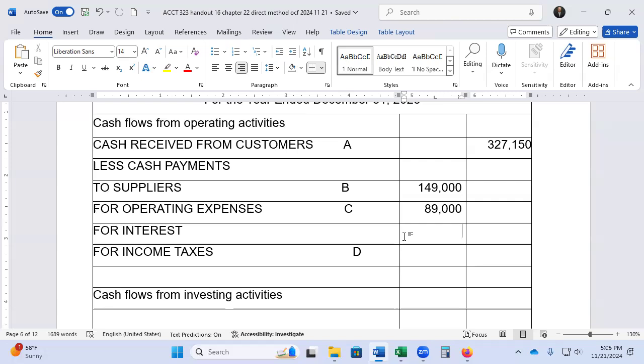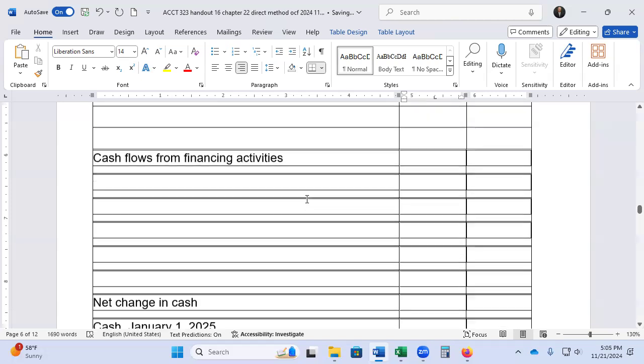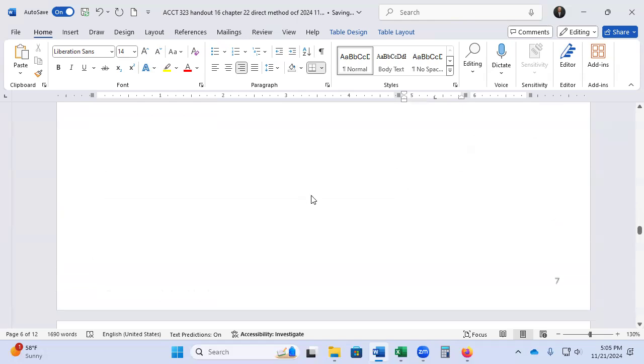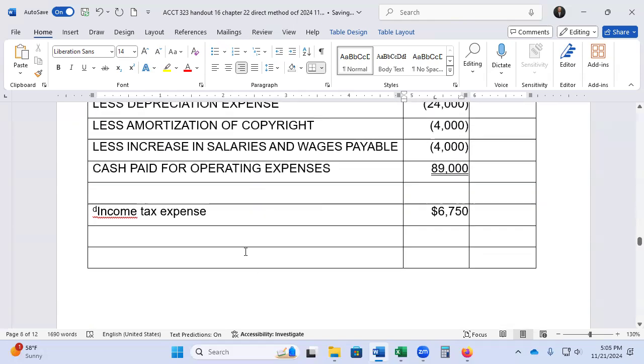Coming directly off the income statement, 11,400. And then for income taxes, we go down to D. And we start with our income tax expense.